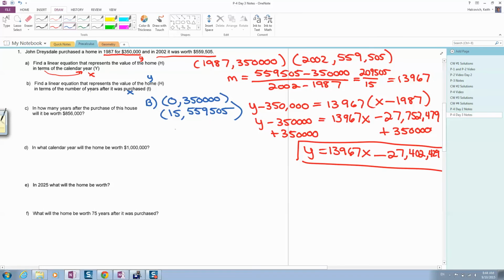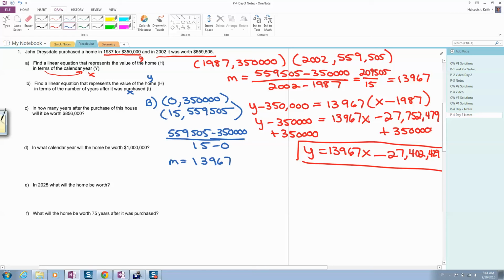You find the slope. So you go 559,505 minus 350,000 over 15 minus 0. And notice you're going to get the same thing. You're going to get this over 15, which equals 13,967.